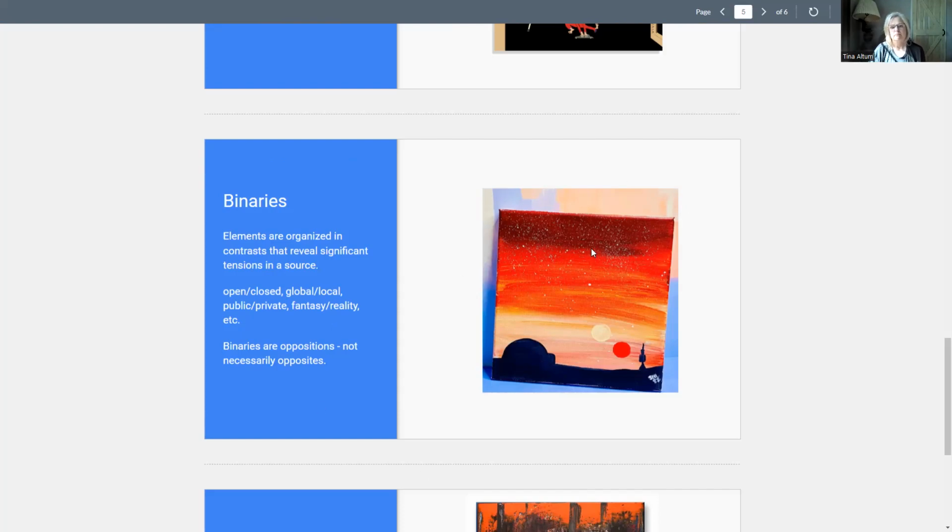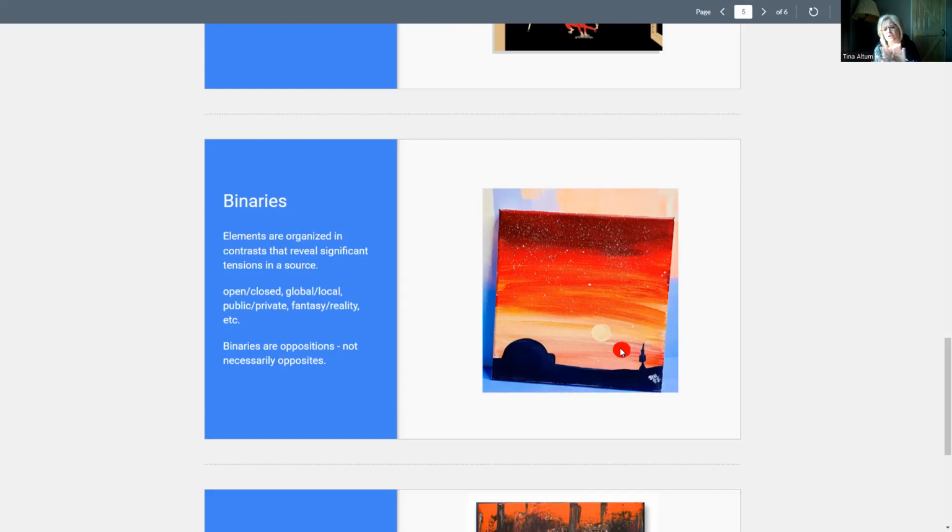When you look at this painting here, many might recognize that as Tatooine from Star Wars. You see some things that oppose each other. The yellow and the red sun, they're not opposites, but they clearly don't go directly together. They're in different phases or something's different about them.